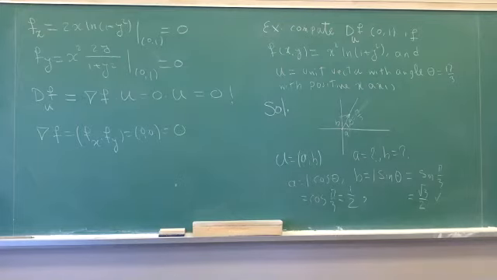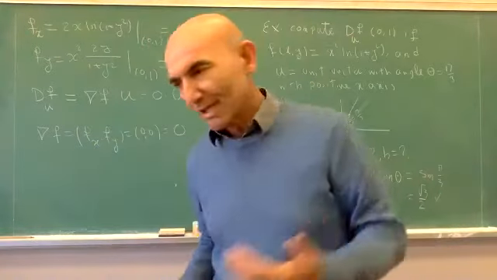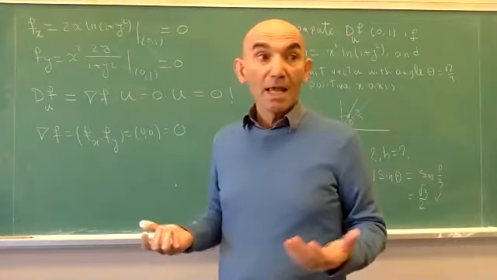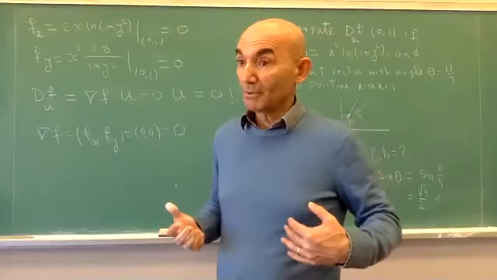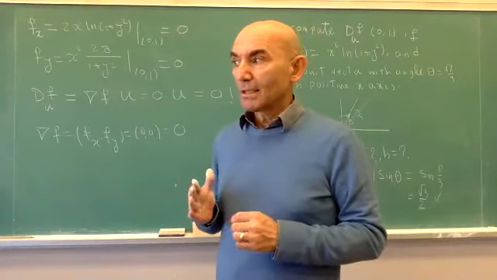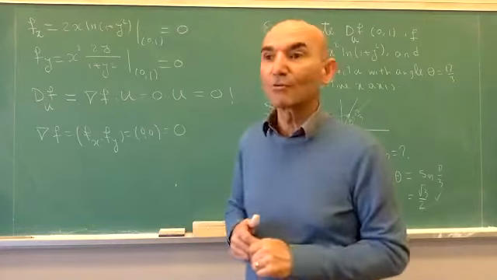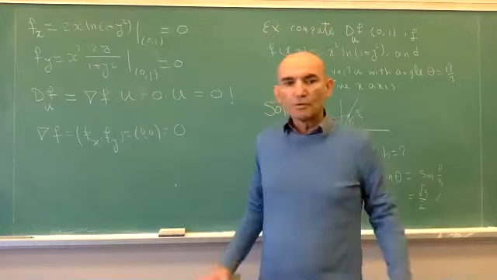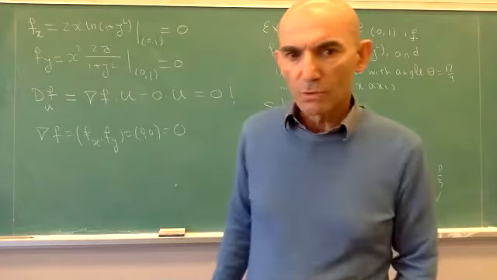But now we are interested in knowing in which direction the function changes the maximum possible, in which direction it changes the minimum possible, and in which directions the function locally, infinitesimally, doesn't change. So this is the kind of question we want to answer. Any questions before I move into that topic? Looks like there are no questions.